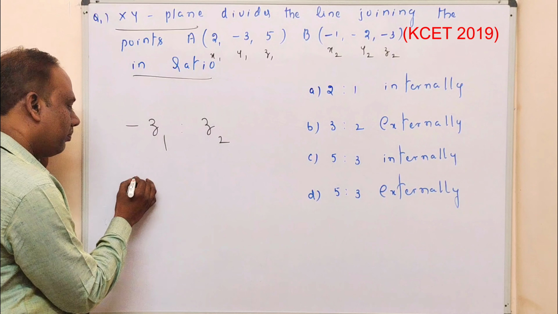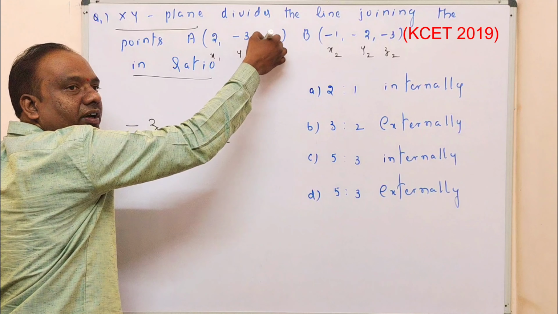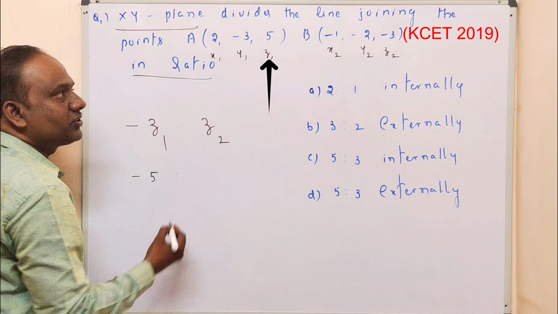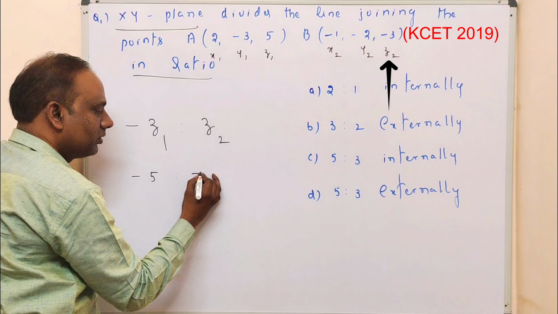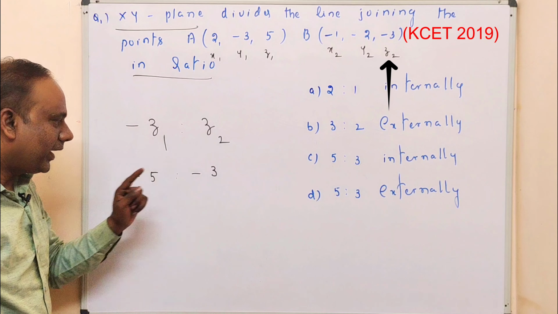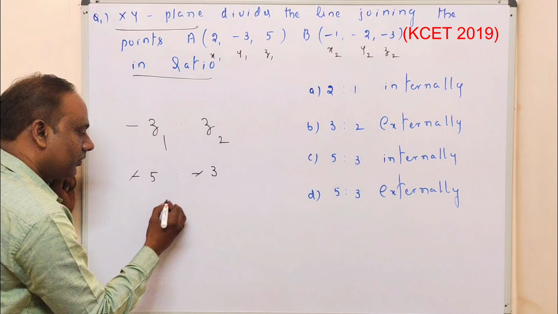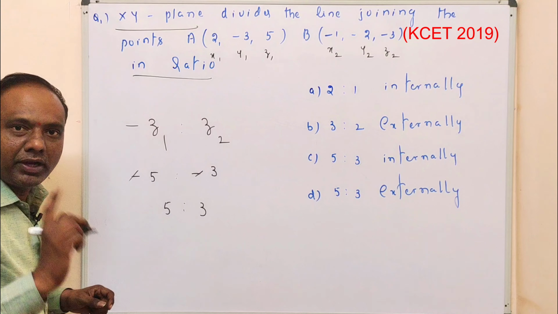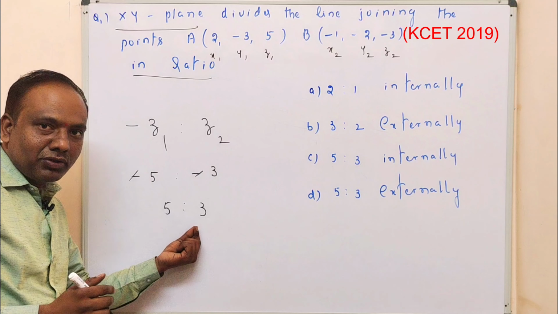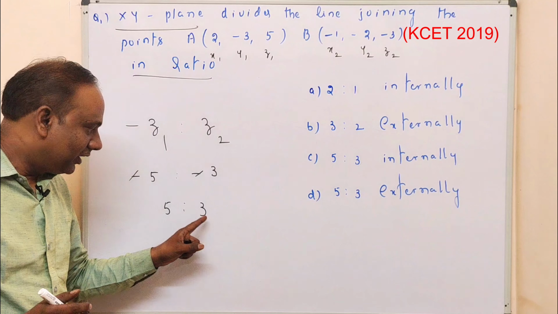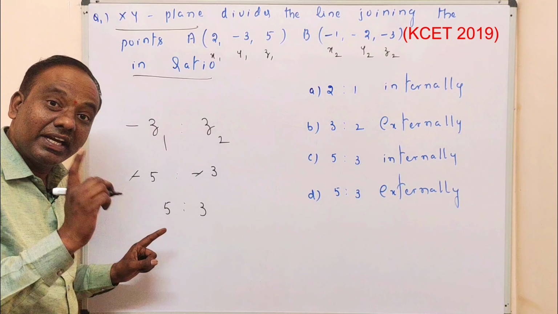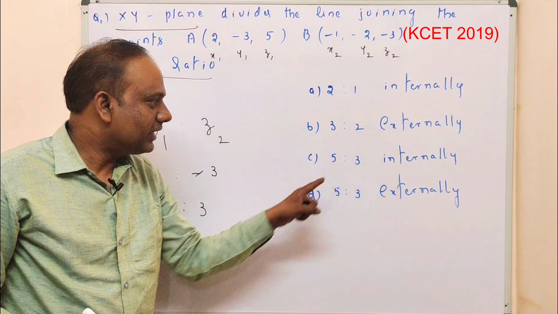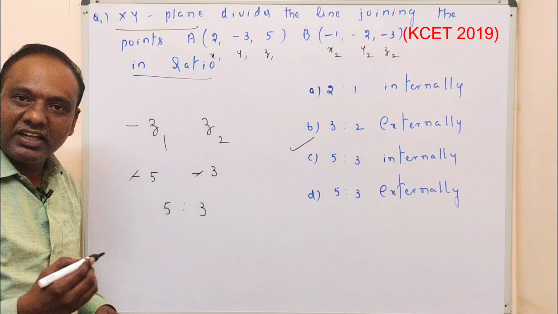Here Z1 is 5, so minus 5 is to Z2, which is minus 3. The minus signs cancel, so it is 5 is to 3. Remember: if both are positive, it is internal; if any one number is negative, it is external. Here both are positive, so 5 is to 3 internally is the correct answer.